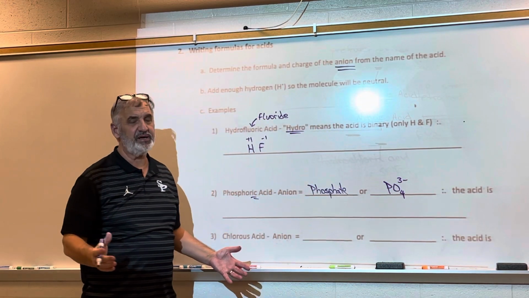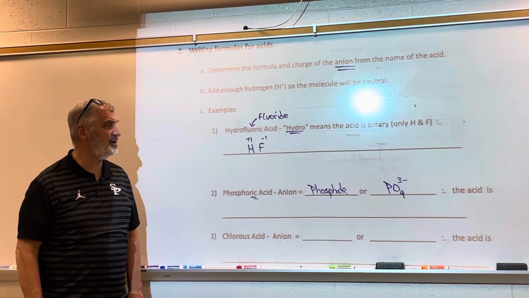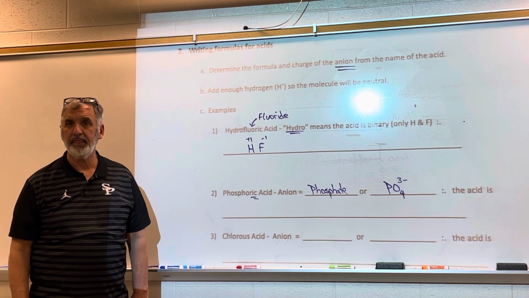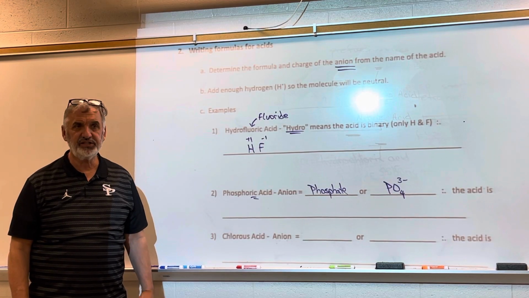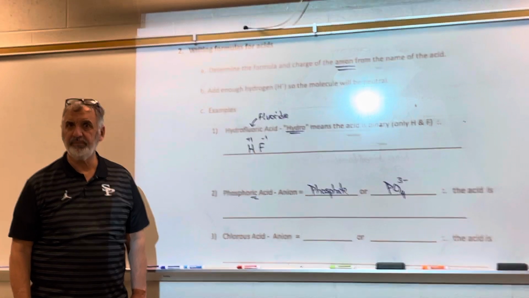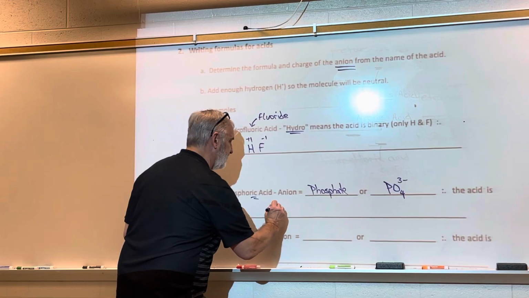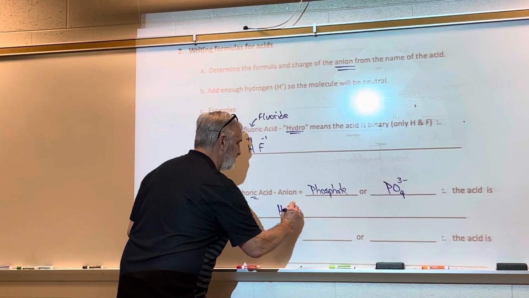Or -3, doesn't matter which way you put it. 3 minus is technically the correct way. So how many hydrogens do you have to add to make it the acid? It's -3, so how many hydrogens do we have to put? 3. So what's the formula going to be? H3PO4. The H always goes first, so it's going to be H3PO4.